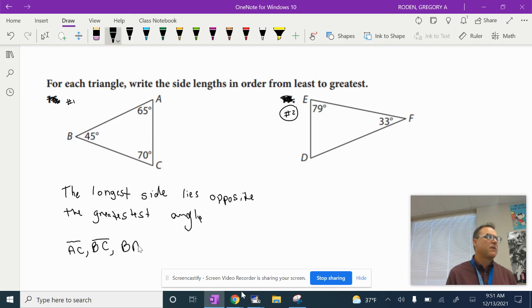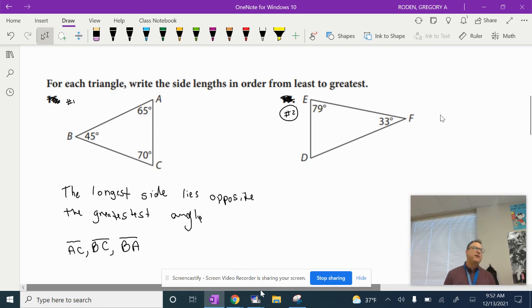Okay. Y'all understand that? Okay, very simple concept. But it's a very huge concept that the smallest angle lies opposite the smallest side and vice versa. Okay, nice job.